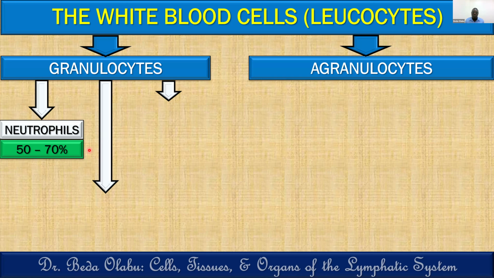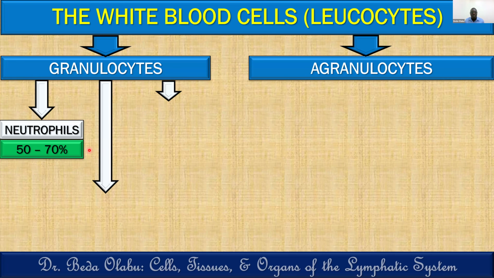That's why when you have fever, for example, and you go to hospital, they'll request for what we call a full hemogram. A full hemogram will have the HB there, so maybe it's 12, that's the hemoglobin level. It will also have the white blood cell count. You will have the absolute count as well as the differential count.